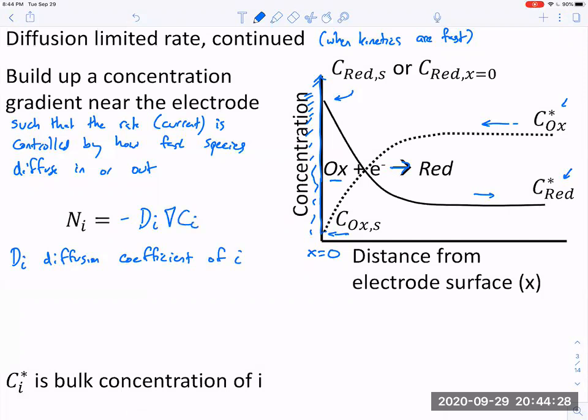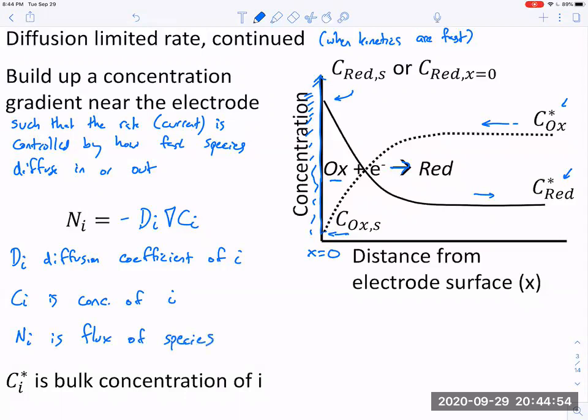Since we're doing linear, this will just be the derivative of the concentration of i with respect to x, but I'm doing this as a generalized one. And Ci is the concentration of whatever species i. So C ox is the concentration of the oxidized species, C red is the concentration of the reduced species. And of course, as a reminder, Ni is the flux of that specific species.